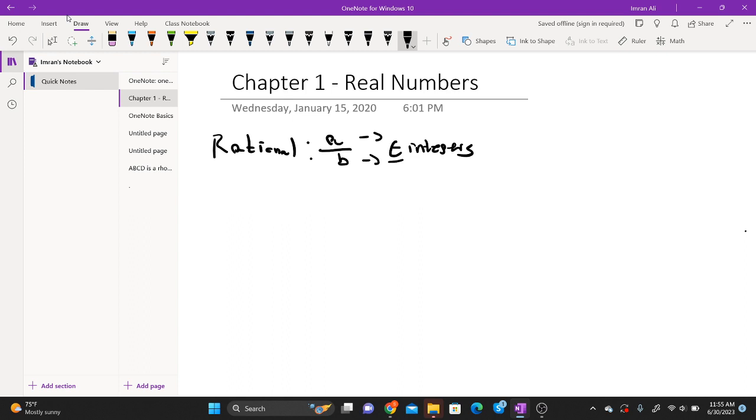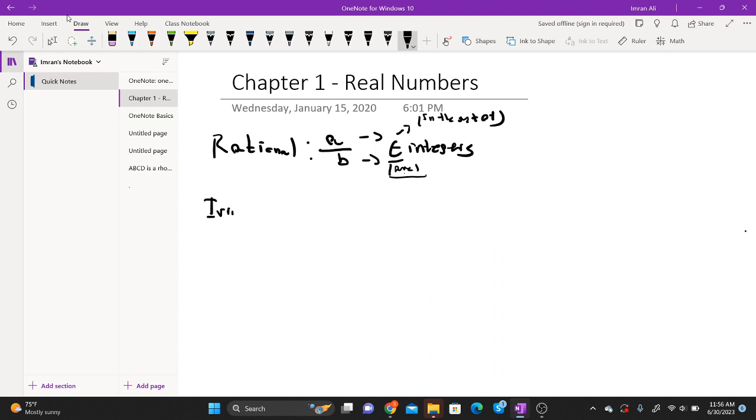If you see me using this symbol, this just means "in the set of." But this is just r. You can just write "integers." Don't use this symbol because I'm not completely sure if NCERT uses this symbol. We might in the future.